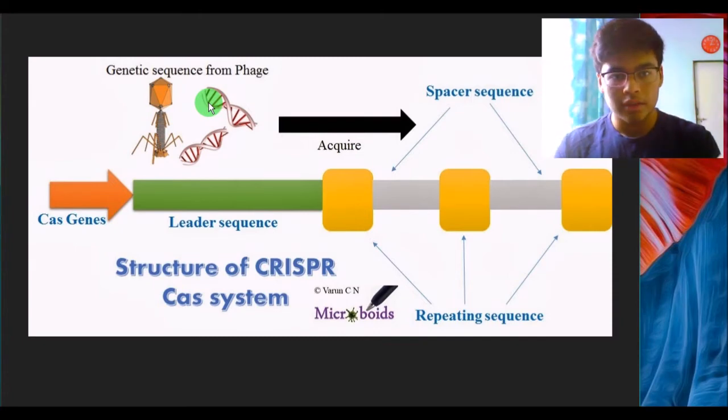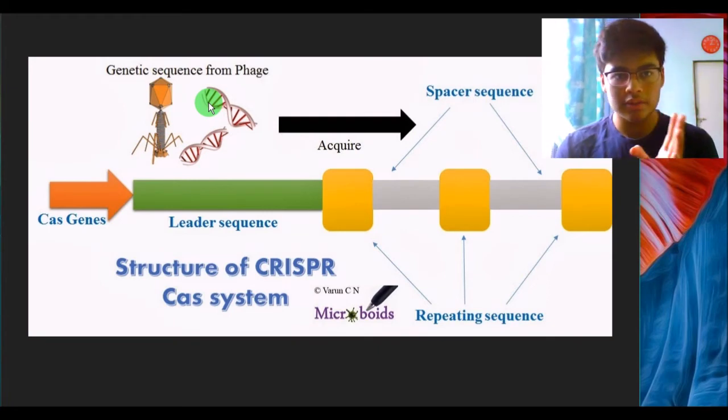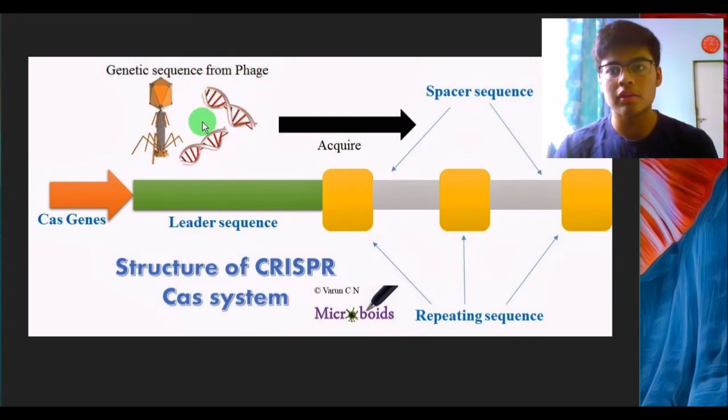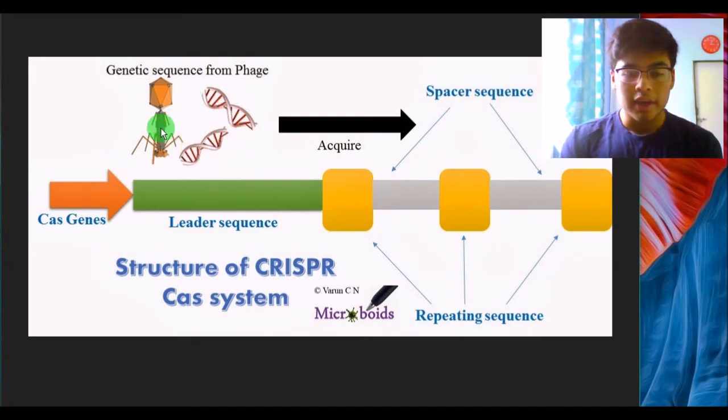If a bacteria is able to fight the disease properly, it will keep a copy of that DNA that was trying to infect the bacteria in the first place. So if the same thing happens the next time, the bacteria E. coli can easily use that specific DNA of that specific virus to fight against it.